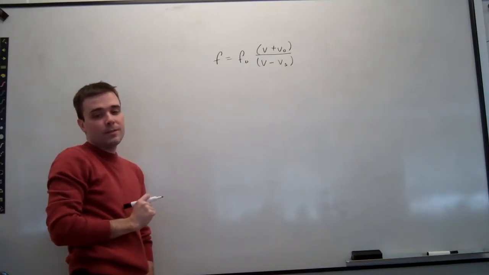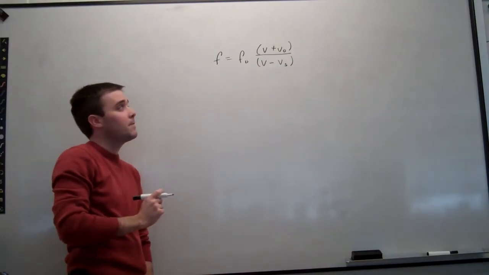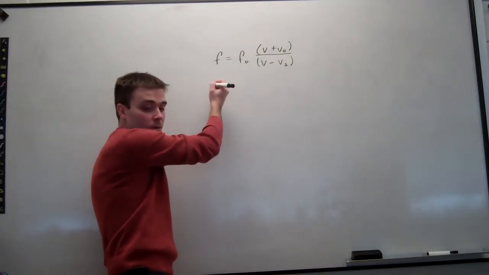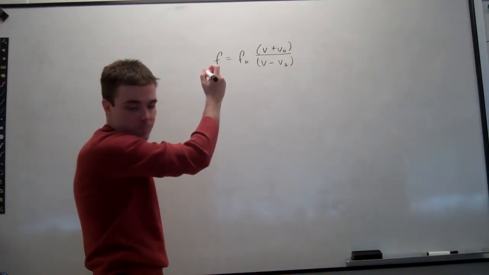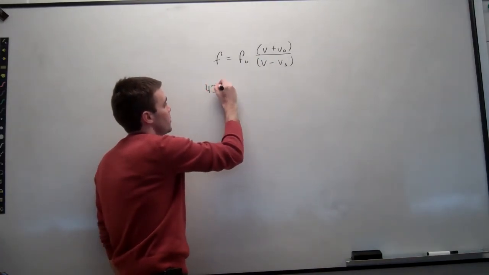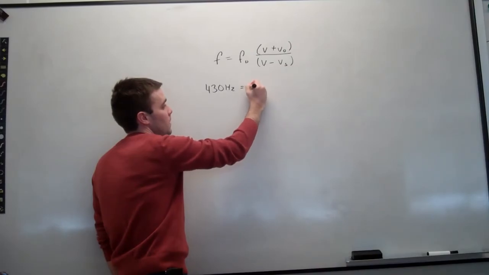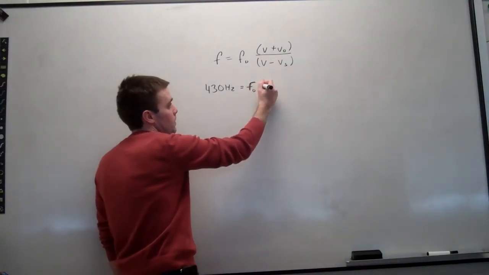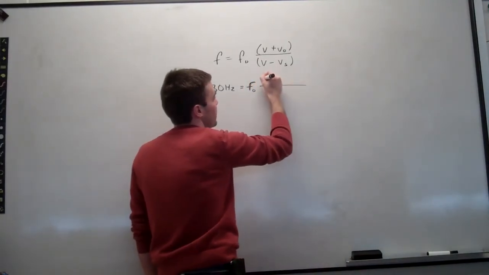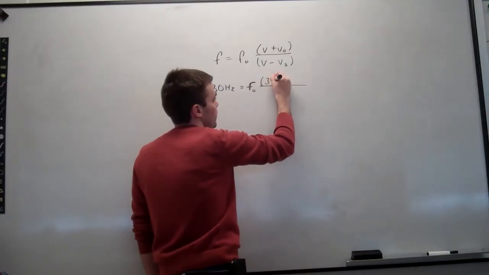The frequency we're given is which f? Just plain f. So we have 430 hertz equals f_o, which is what we're looking for, times 340 for the speed of sound in air.